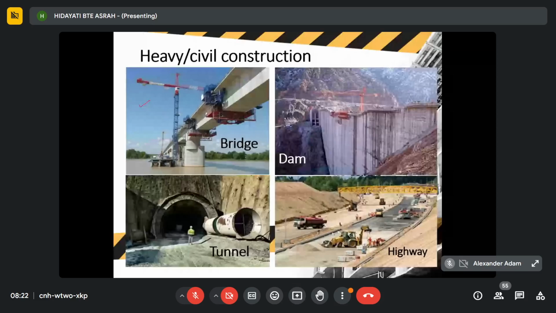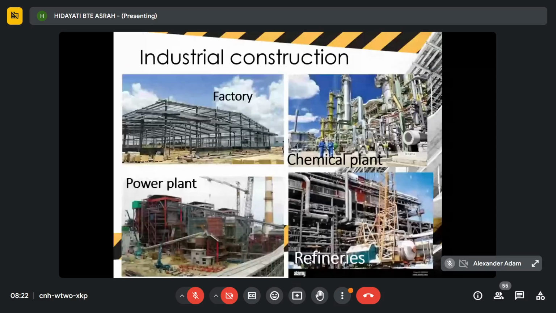Okay. And then industrial construction. Industrial construction involves the construction of facilities designed for industrial production, manufacturing processes, and storage purposes. So any type of construction which involves industry, you can classify under industrial construction.